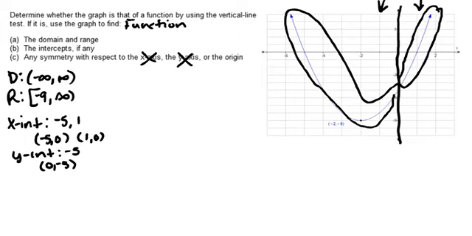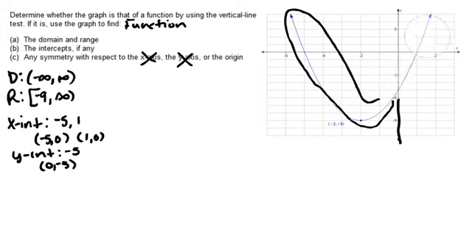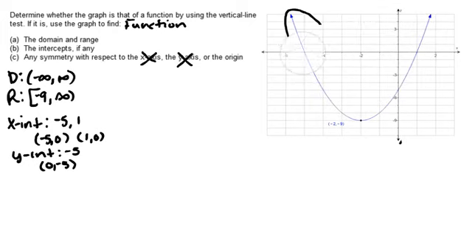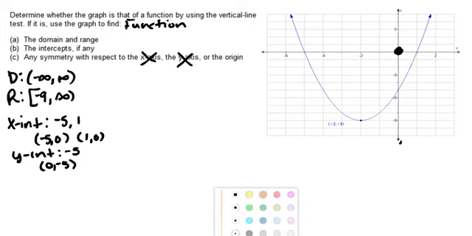So then our final type of symmetry is origin symmetry. And our origin is the point where the x and y axis cross each other. So that's this point here, that's the origin. And when you have origin symmetry, a mirror image over the origin would mean that your opposite quadrants would have a mirror image.